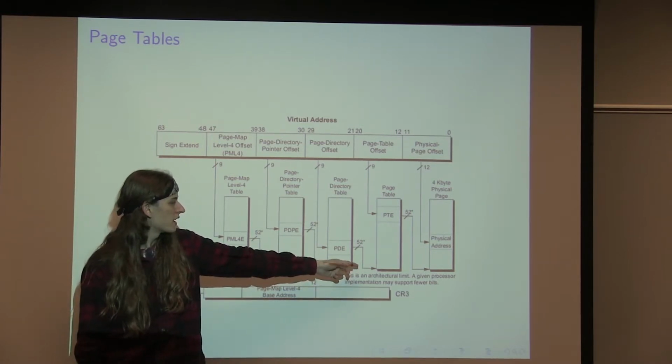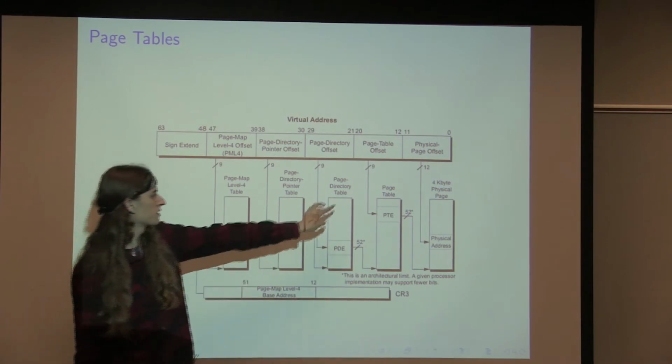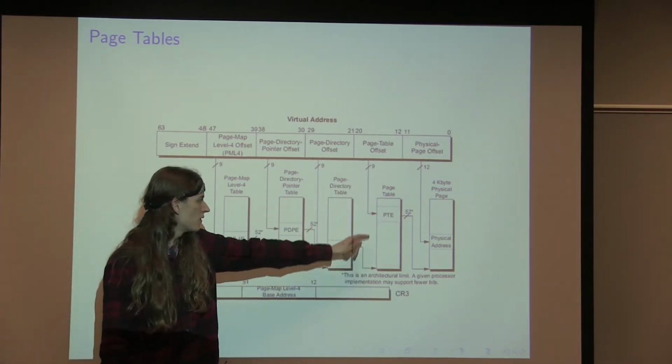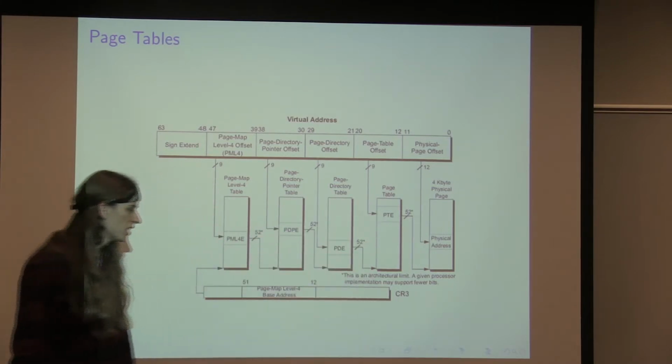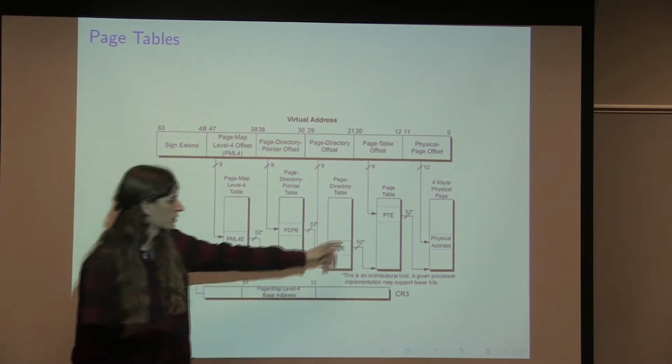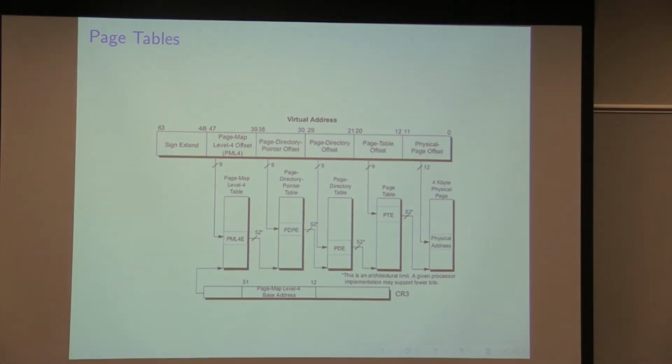Finally, you're at the array of page tables. Once you're here, you get this last index. This index will point you to a page table entry, and the page table entry will finally have a pointer to what physical memory it represents. So this is the long process of what happens whenever you turn a virtual address into a physical address.